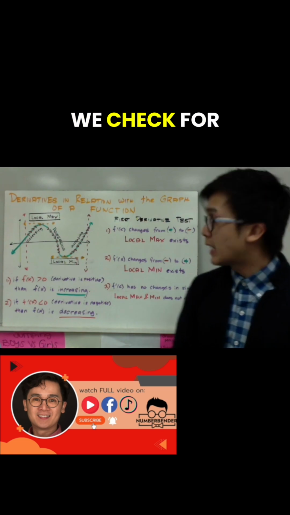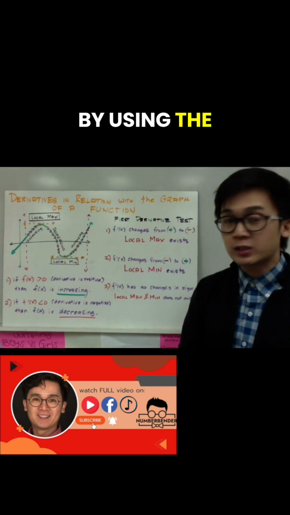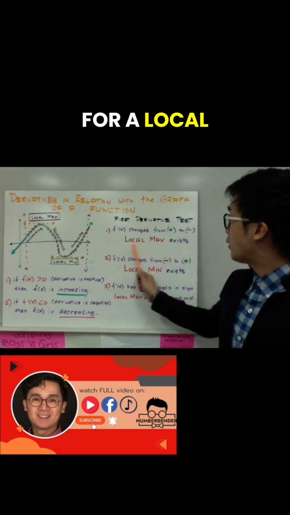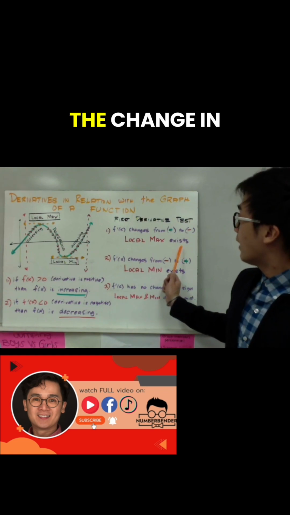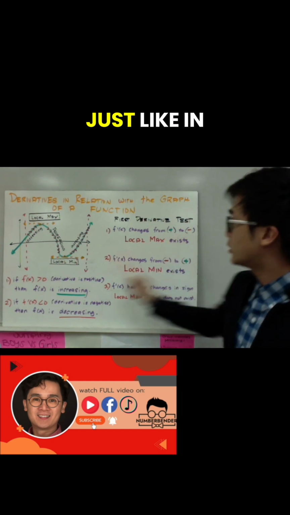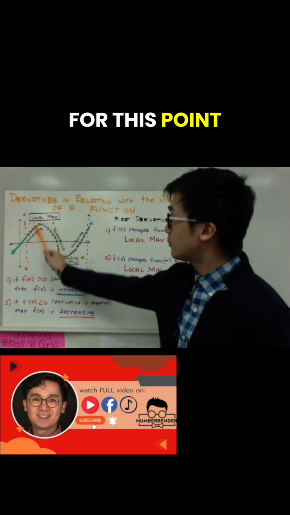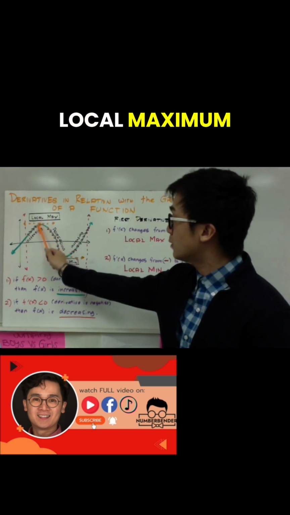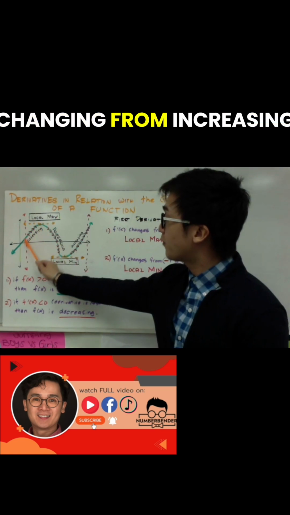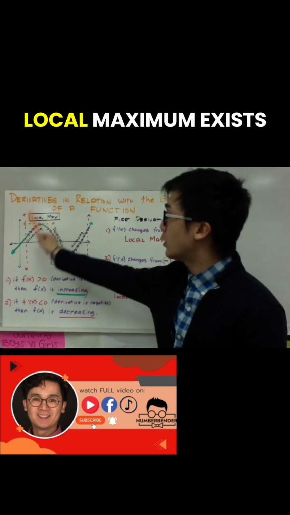How do we check for the local maximum and local minimum using the first derivative? For a local maximum to exist, the sign of the first derivative should change from positive to negative. In this illustration, at the local maximum, the direction changes from increasing to decreasing, so the local maximum exists.